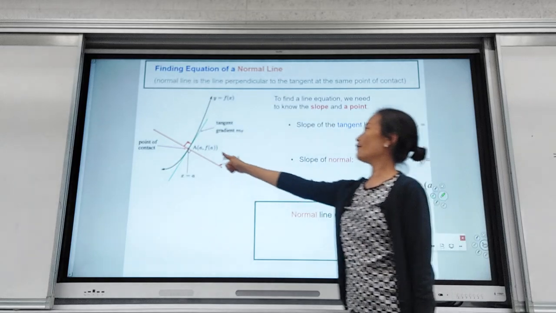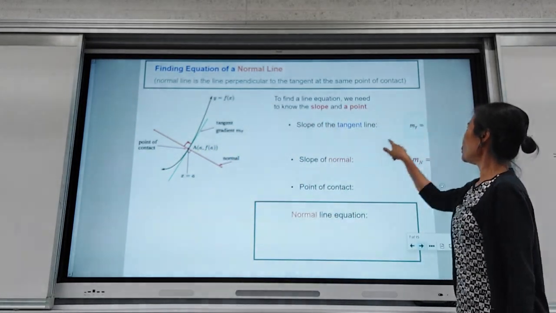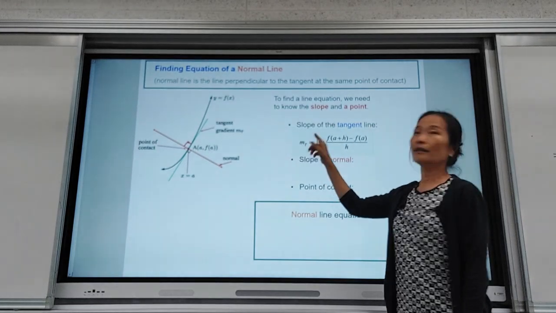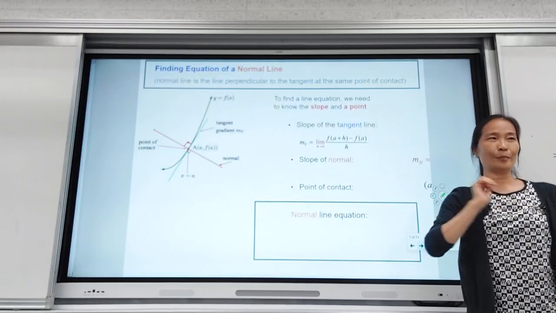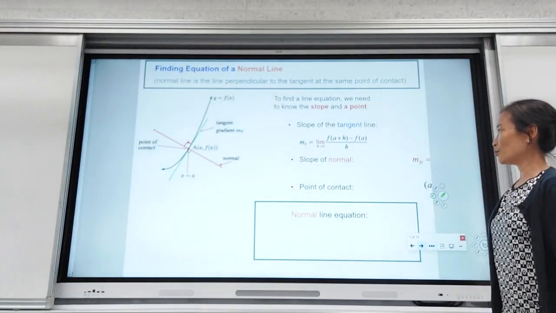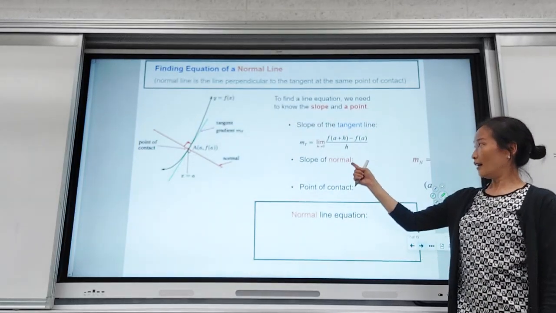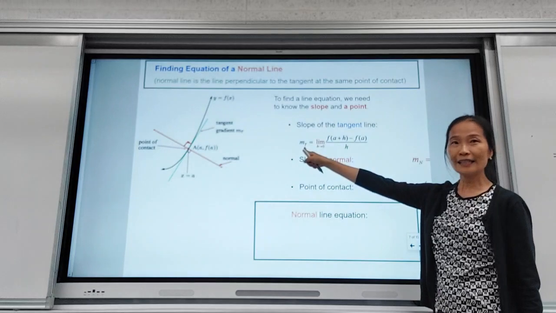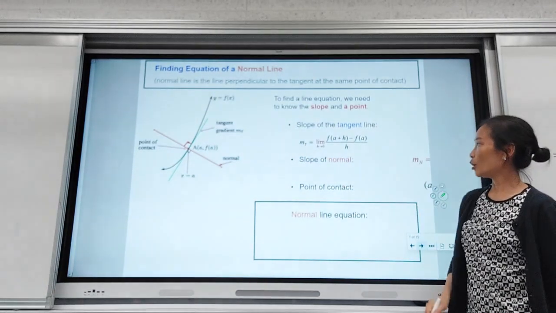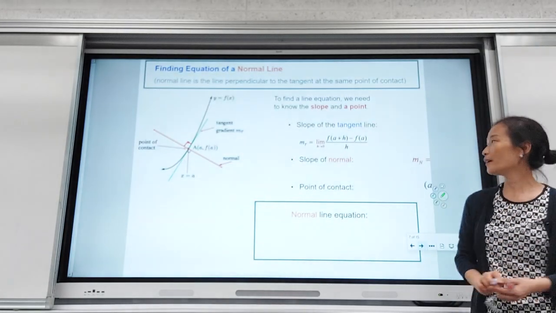But since we only have this point, I need to find the slope of the tangent first, using the difference quotient, which you just all did, right? You did your practice finding the slope of the tangent. Then just say the normal line is perpendicular to the tangent. If m of t is the slope of the tangent, what is the slope of the normal?